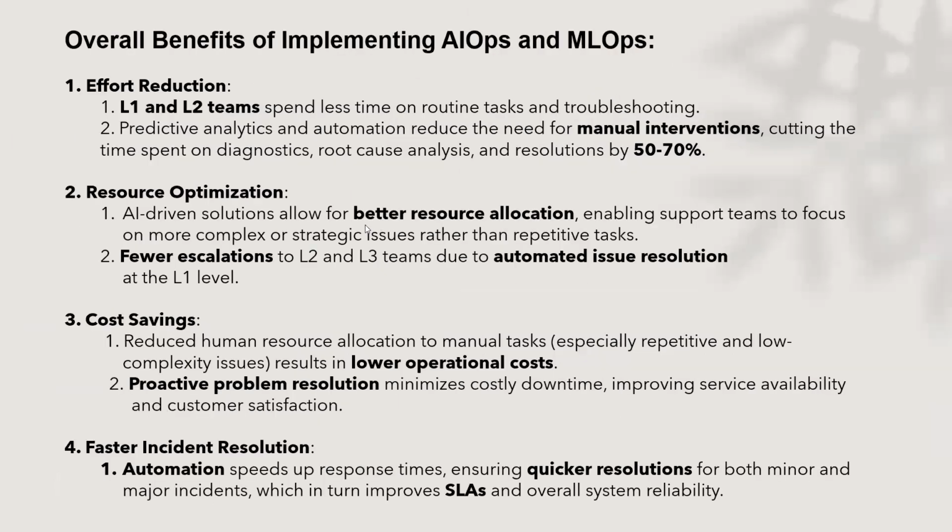Overall benefits of implementing AI ops and ML ops: effort reduction. L1 and L2 teams spend less time because of the automation in place, less time in troubleshooting, and predictive analytics and automation reduce the need for manual interventions here.